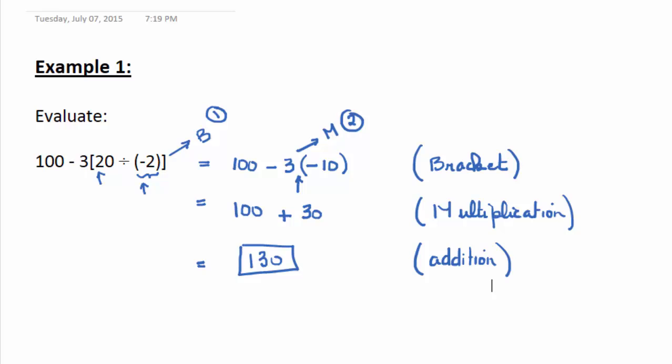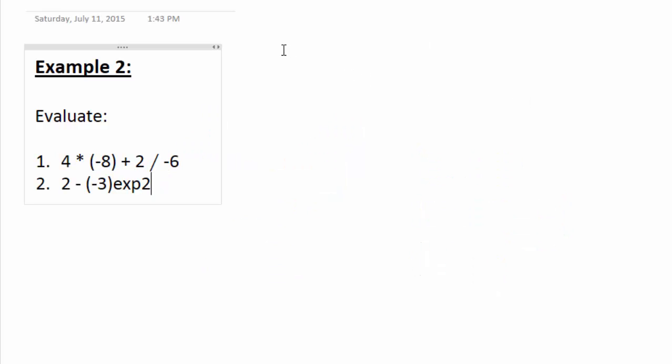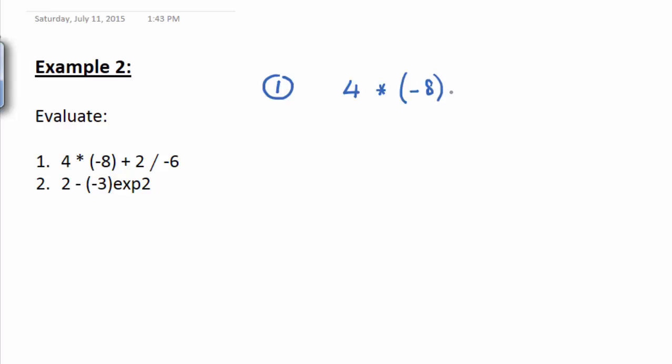Let's go to another example, example number 2. There are 2 problems. So let's start to write the first problem, number 1. It's 4 times, between brackets, -8, sorry, plus 2, and there is the fraction bar or the division bar over -6.